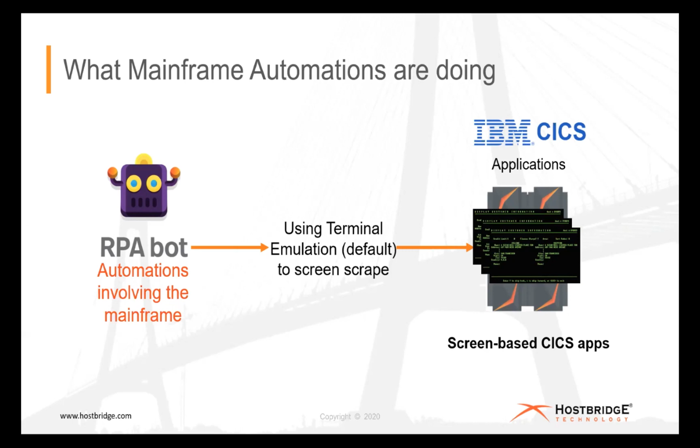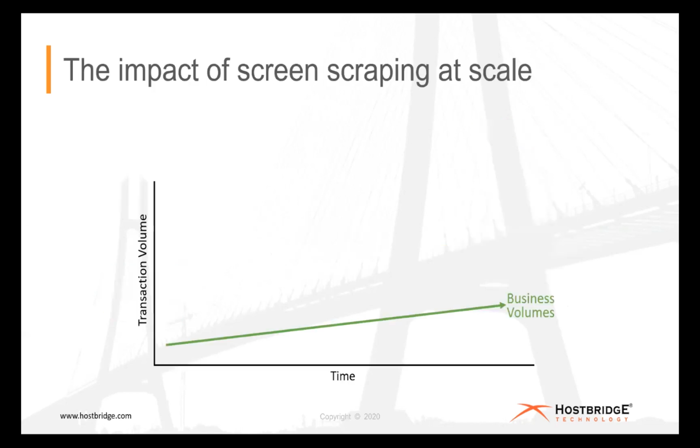What's not making sense is that when you take an RPA bot, a program really, and you're automating high volume interactions with the mainframe using terminal emulation and screen scraping, the performance implications are really bad. In fact, part of our journey in this space started with a phone call from a customer, who said: "Hey Russ, I think we've got something going on here that we can't see and don't understand.